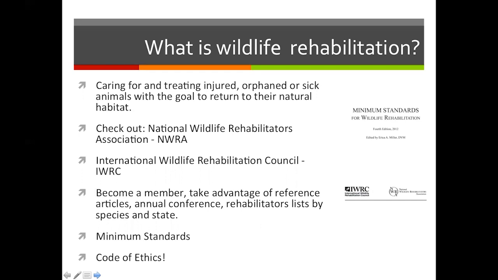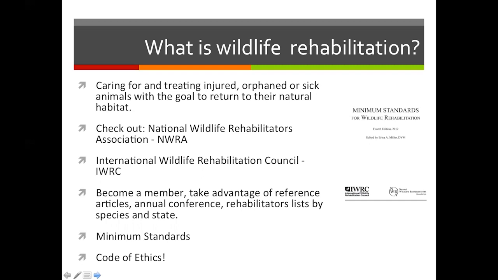But what is wildlife rehabilitation? In simple words, it means to care for injured, orphaned, or sick wildlife with the goal to ultimately return them to their natural habitat. If you're interested in wildlife rehabilitation, please check out the NWRA as well as the IWRC, the International Wildlife Rehabilitation Council.